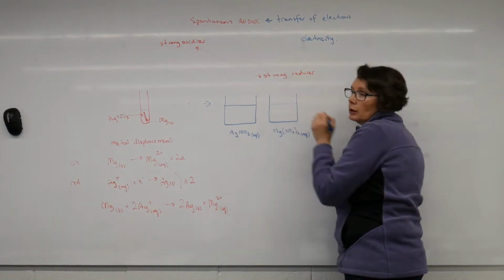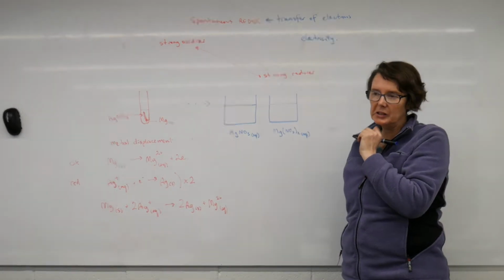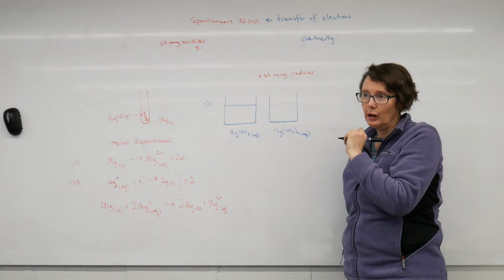Right, and I have to put the line across there to indicate that there's something in there. If I don't have the line, the beaker's empty.